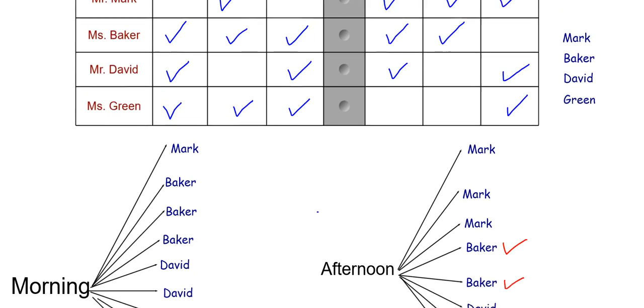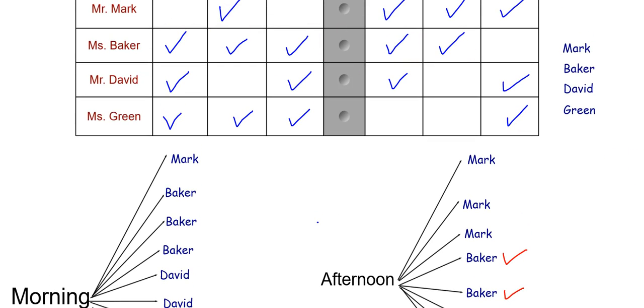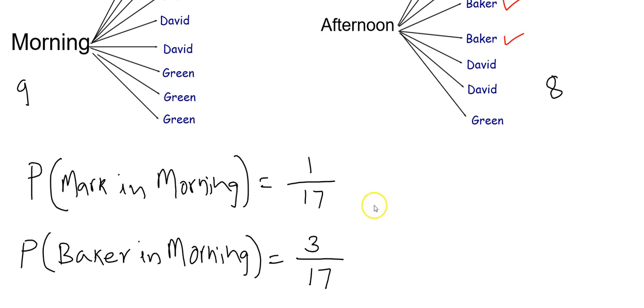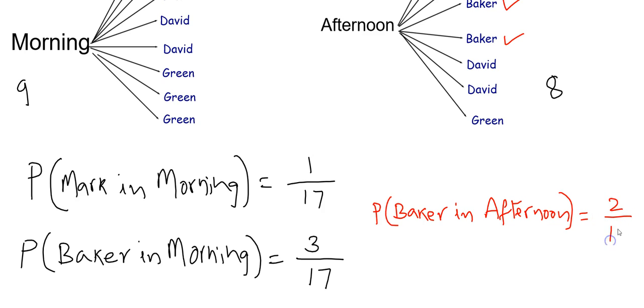So the probability of Miss Baker in the afternoon is equal to 2 out of 17.